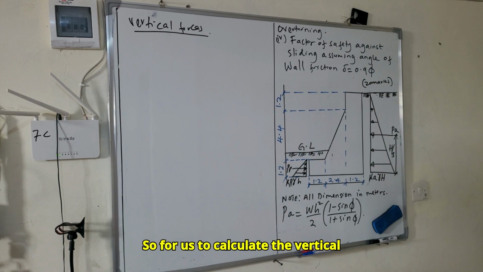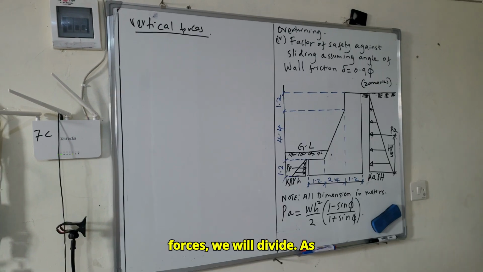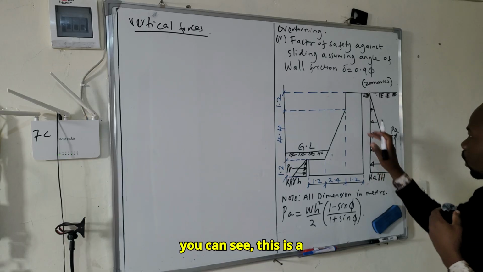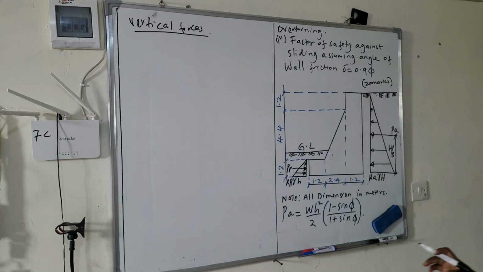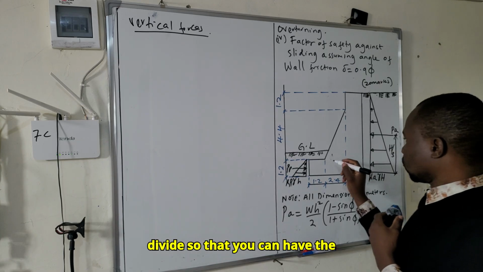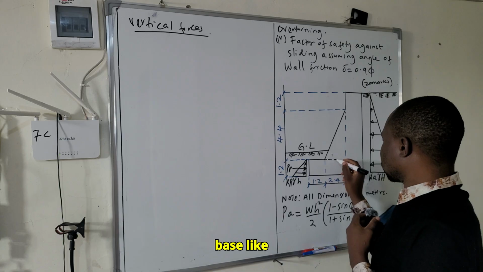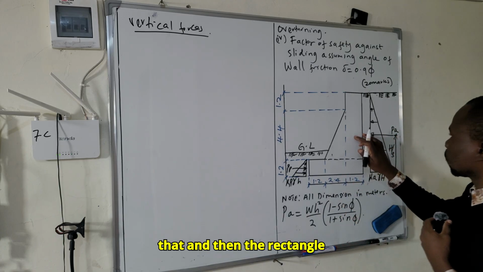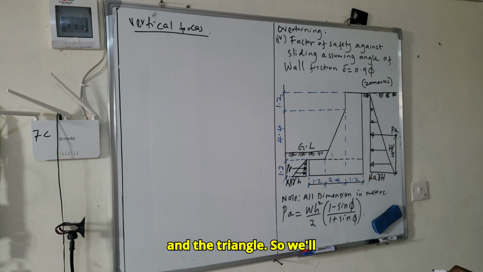For us to calculate the vertical forces, we will divide. As you can see, this is a combination of several shapes. So we can divide so that we can have the base like that, and then the rectangle and the triangle.